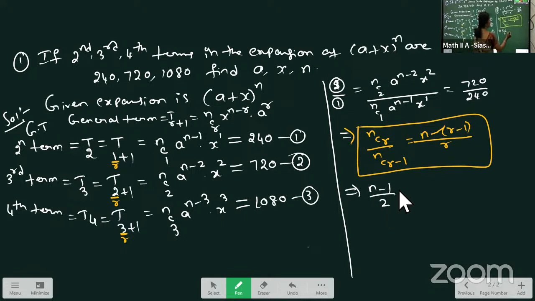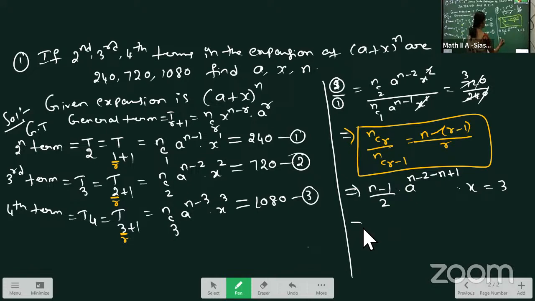Now, a to the power n minus 2 is there. Take this a to the power n minus 1 to the numerator, it becomes negative: minus n plus 1. 1x getting cancelled into x is equal to 0, 0 cancel, 24 1s are 24, 3s are.